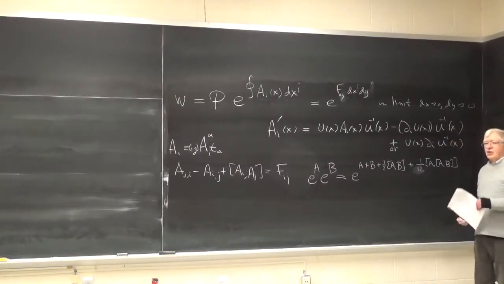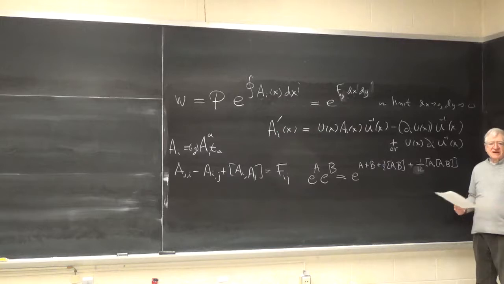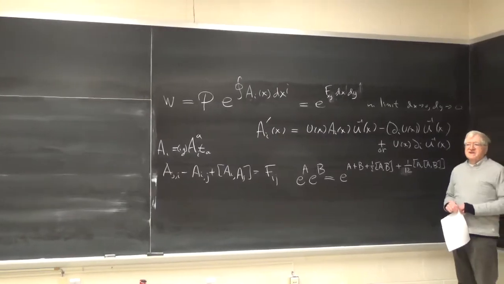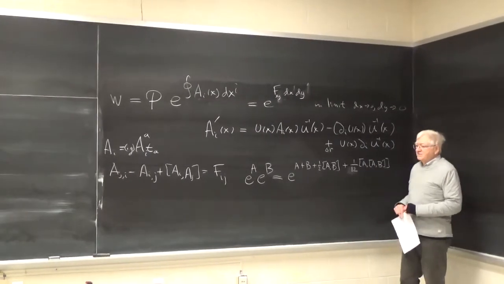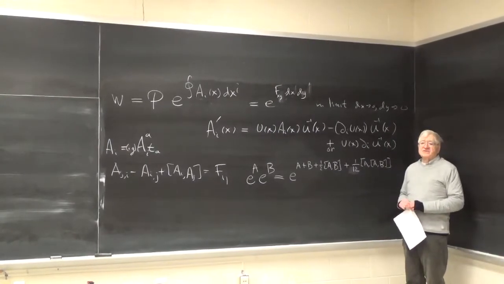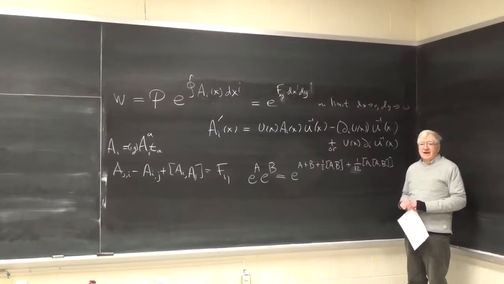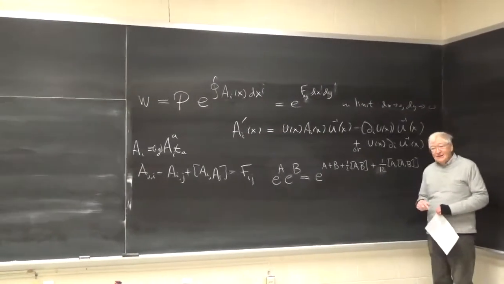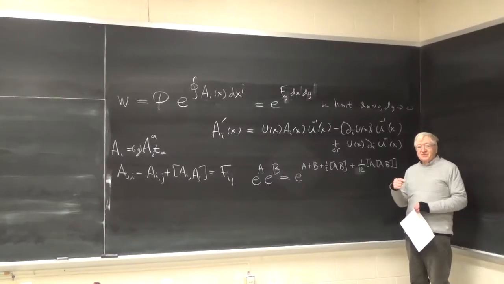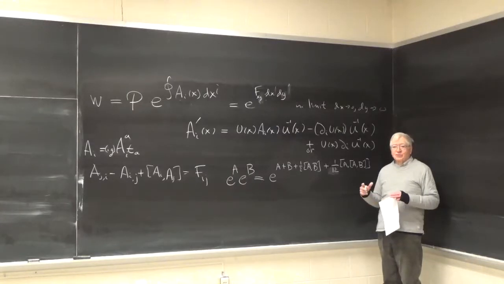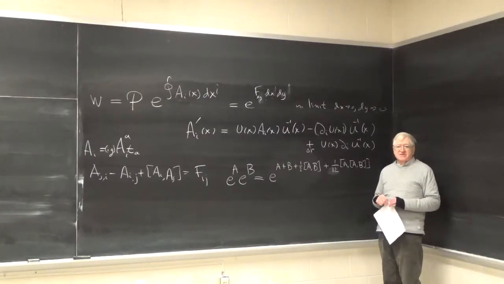Mermin was the co-author of the standard textbook on solid-state theory of condensed matter physics. He also, I guess in his spare time, worked out formulas for n factorial, and in fact his formulas are actually exact. And if you then do the leading approximation to his formulas, you get remarkably accurate formulas.